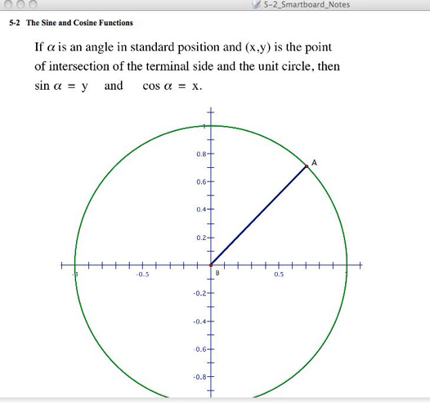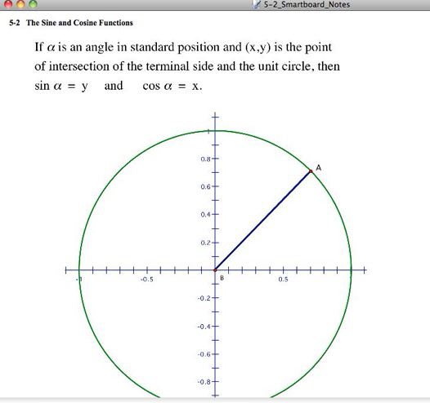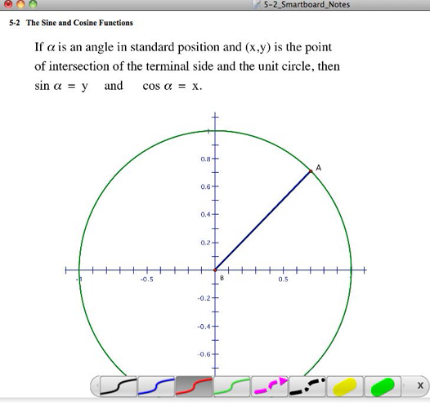It says if alpha is an angle in standard position and x comma y is the point of intersection of the terminal side of the unit circle, then the sine of alpha equals y and the cosine of alpha equals x. Now notice, we've studied this before, and remember that the unit circle has a radius equal to 1.